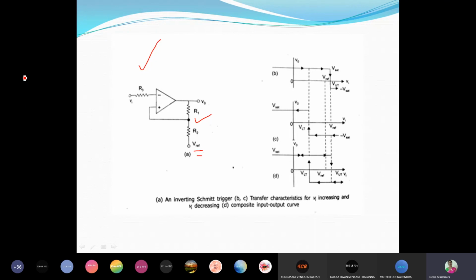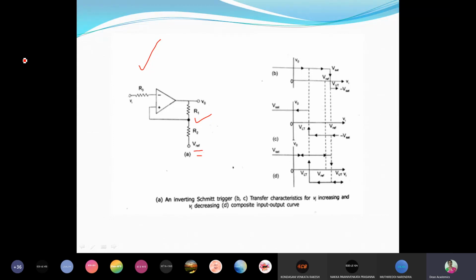Why? Because of the high gain, as in any comparator. Now this positive feedback also provides very high gain, and this high gain makes this comparator trigger or switch between plus Vsat and minus Vsat, right?